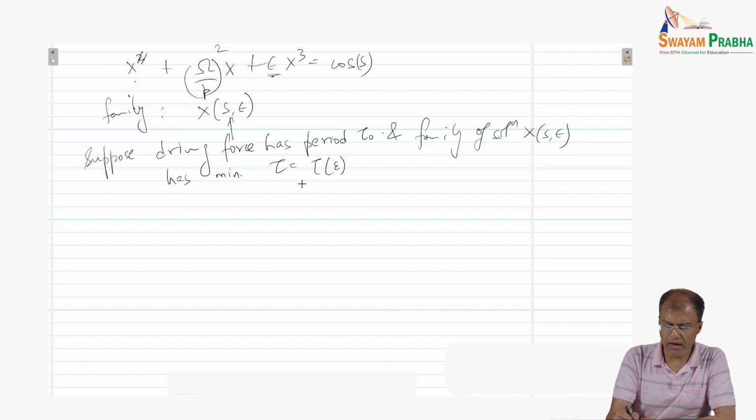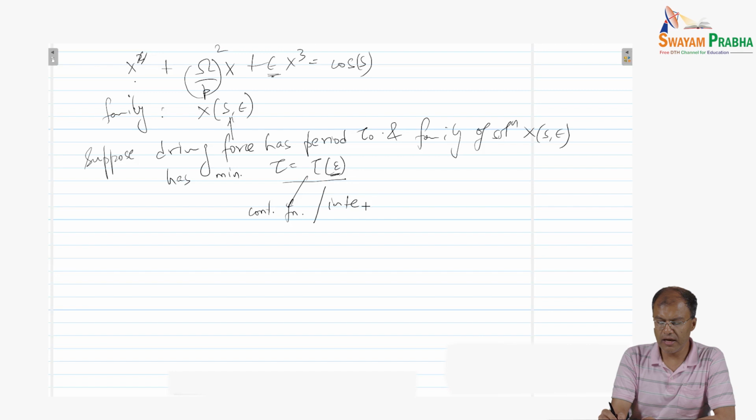Remember that tau is a continuous function of epsilon, and also it is an integer multiple of tau naught.